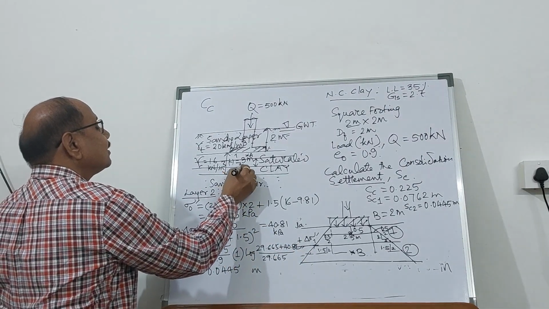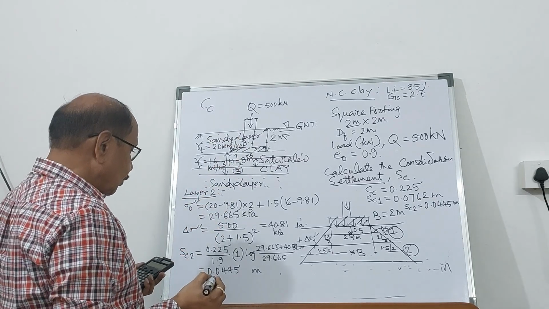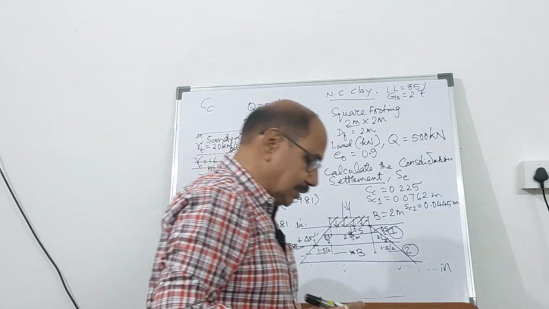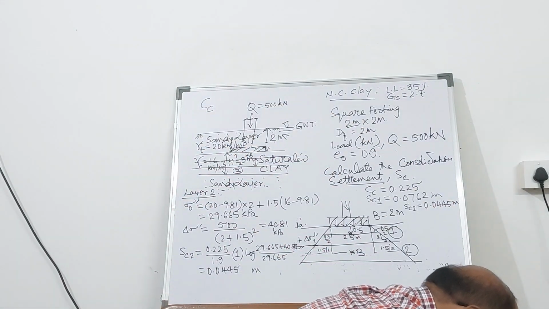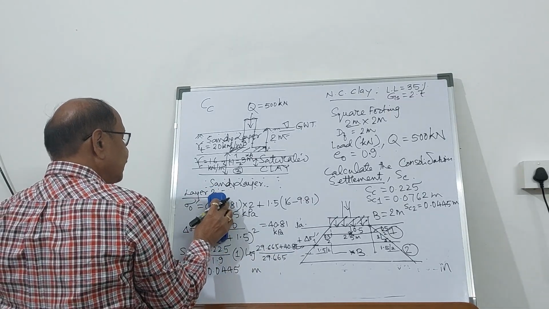This is the third layer. So total 3 meter height of the clay. So for the third layer, we need to calculate SC3. So let us calculate for layer 3 now.